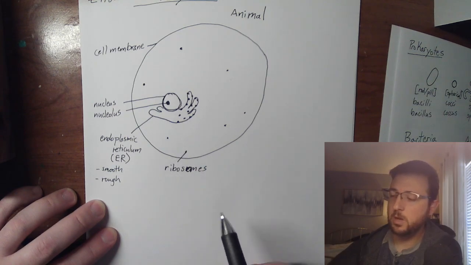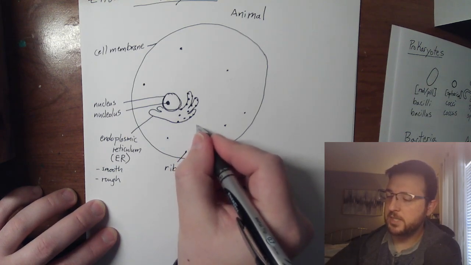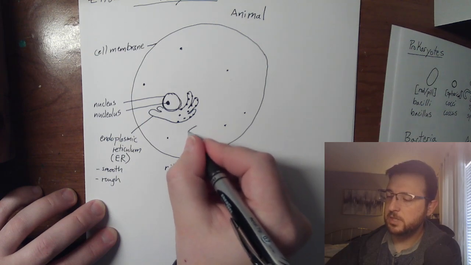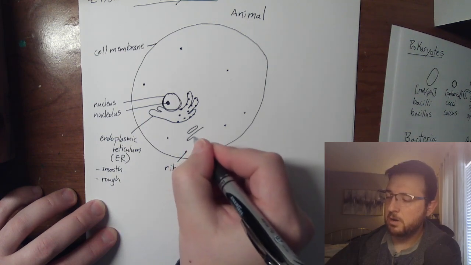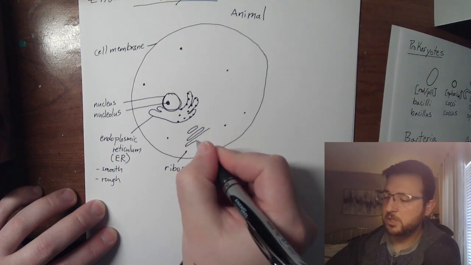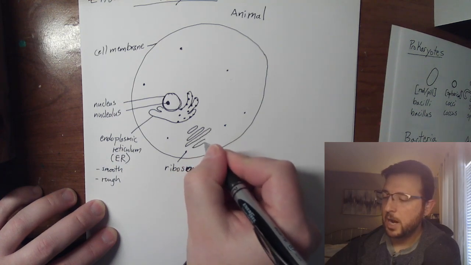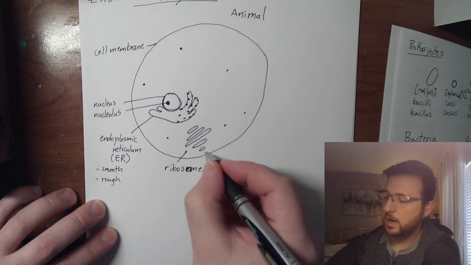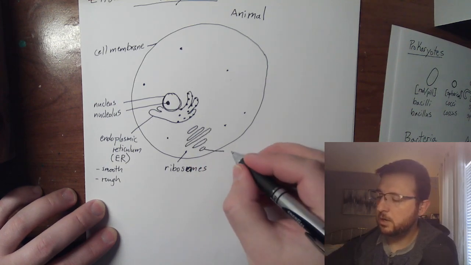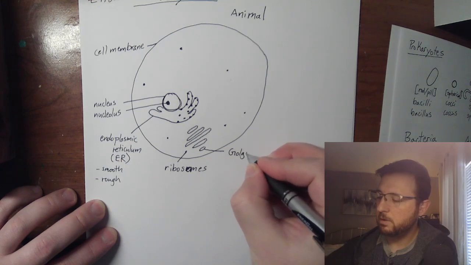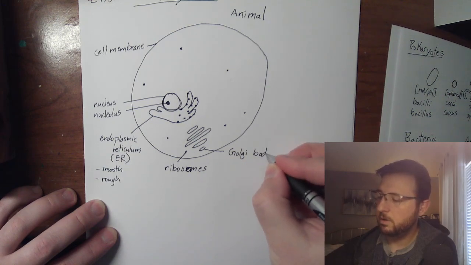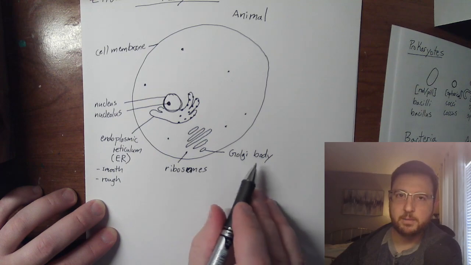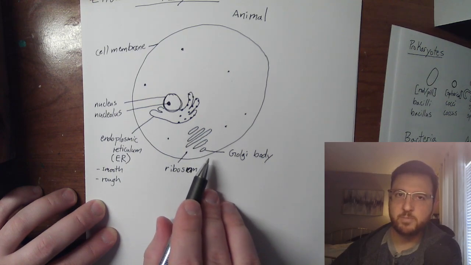Okay? And then coming out from this endoplasmic reticulum, there's this like layer of, we could just draw a bunch of ovals, and it's these layers and layers of membranes. And this is called the Golgi body. The Golgi body is these layers of membranes.